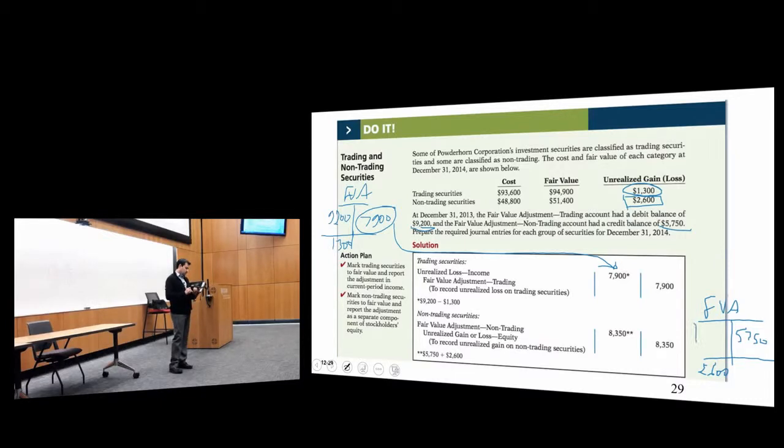This is where you have to do the adjustment. And the adjustment in this case will be equal to the 8,000. Sorry, I put the wrong one. The adjustment will have to be, in this case, a debit to fair value adjustment for the value of 8,350.